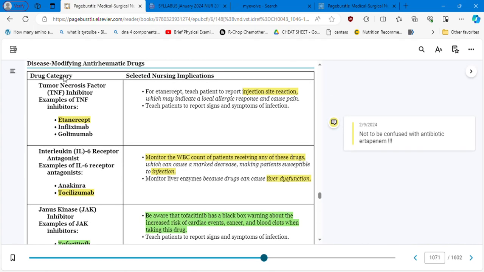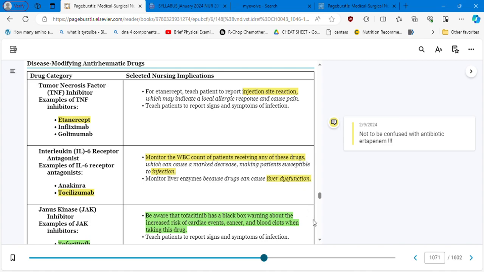For example, the tumor necrosis factor inhibitor, etanercept. Please, first of all, do not confuse this with the antibiotic ertapenem that is given in the hospital. So don't confuse that. And for this special medication, we need to report injection site reaction. We need to see if there is a local allergic response that can cause pain.